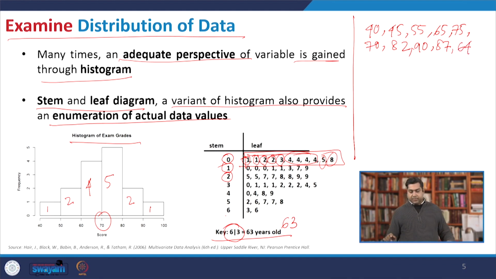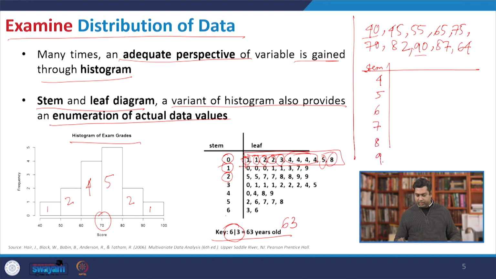If you look at these numbers, the lowest number is 40 and the highest in this case is 90. So, we have to first create the stem. Here we have 4, we have 5, we have 6, we have 7, we have 8 and we have 9 as well.